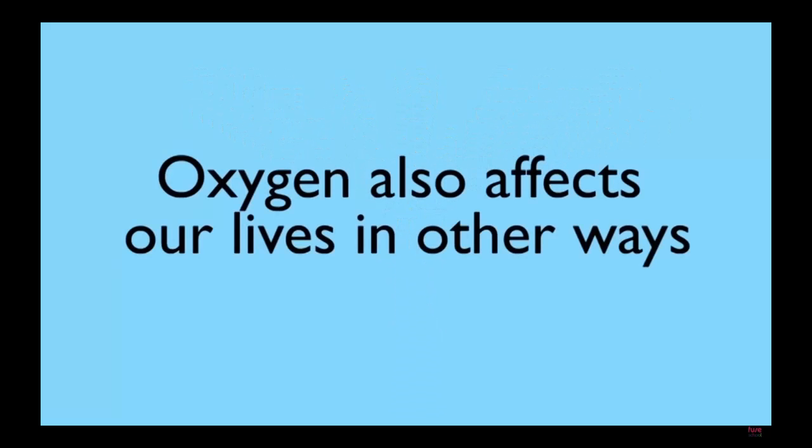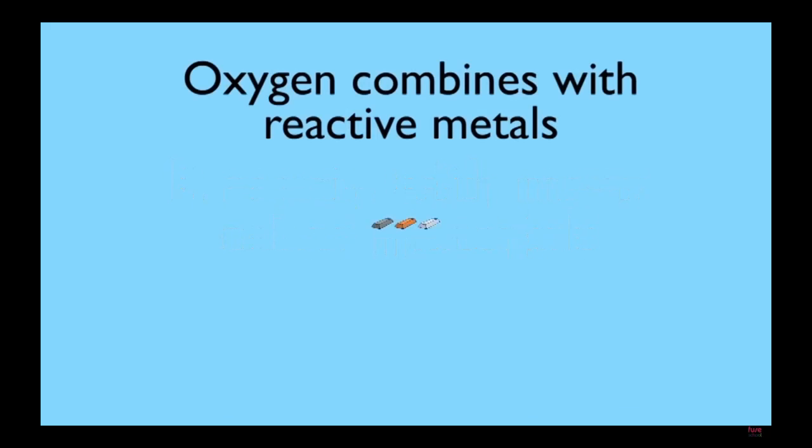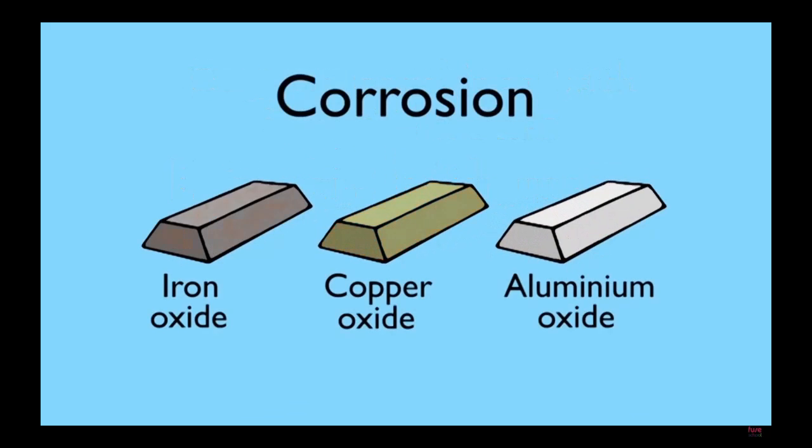The oxygen in the atmosphere also affects our lives in other ways. It reacts chemically with a number of other materials. Oxygen will combine with reactive metals to form metal oxide. This is called corrosion. Most metal oxides are useful as they produce a hard protective layer.